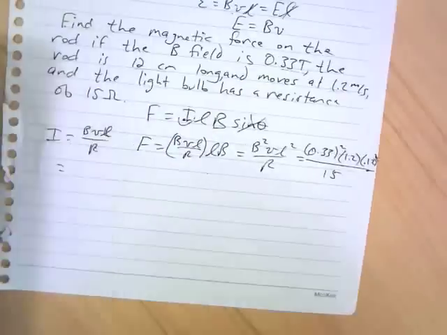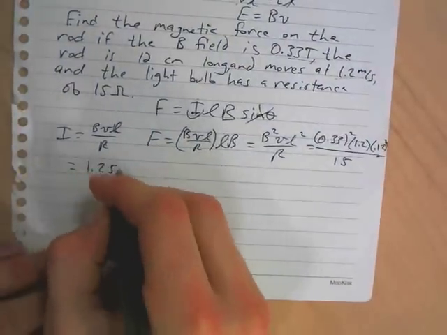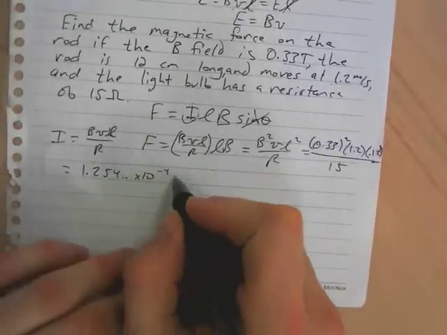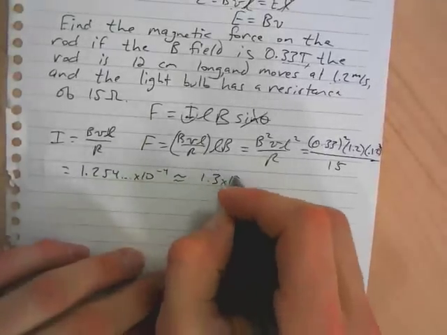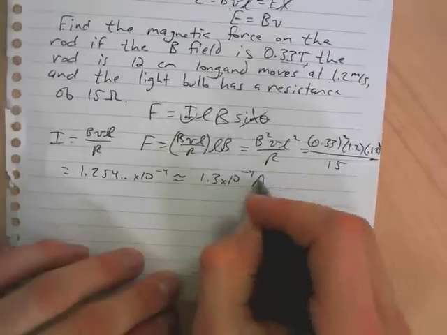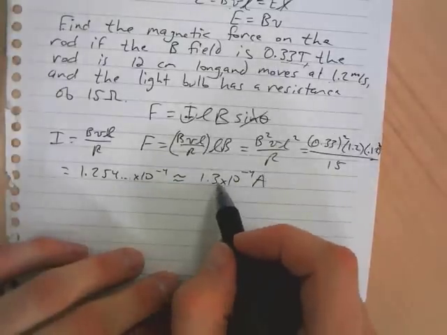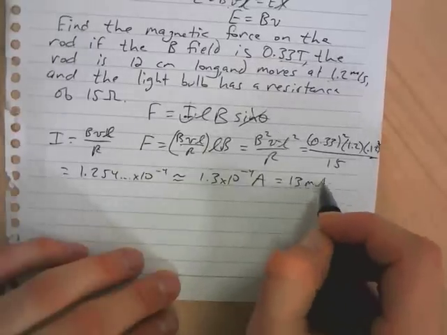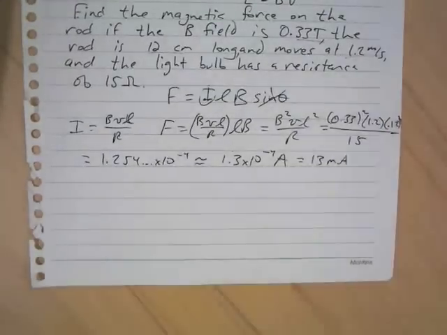We get a current of 1.254 times 10 to the minus fourth, which we'll approximate as 1.3 times 10 to the minus fourth amps, which we could also say is 13 milliamps, is the current then generated in that circuit.